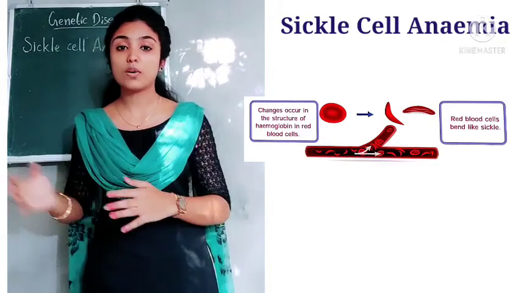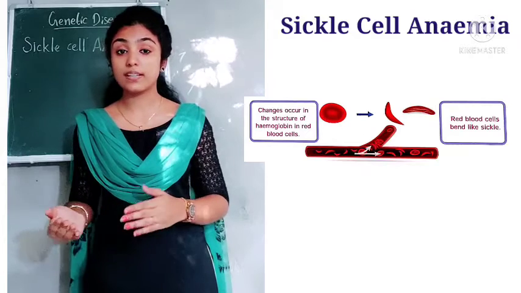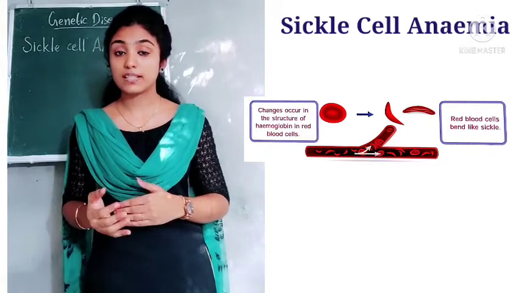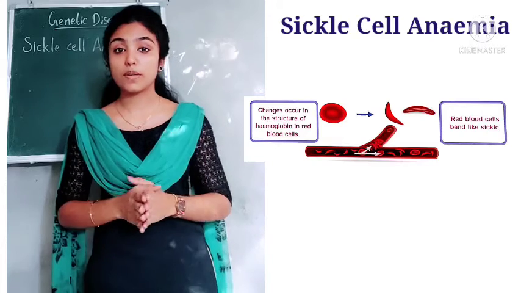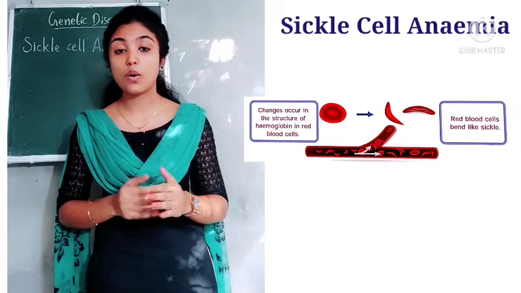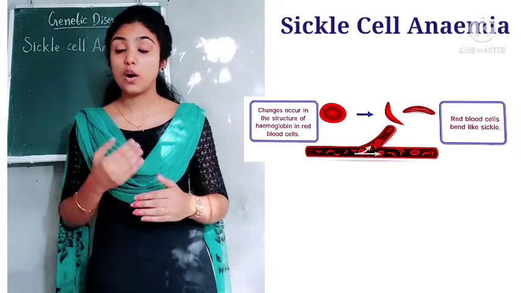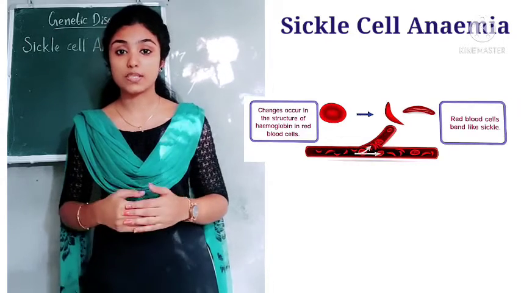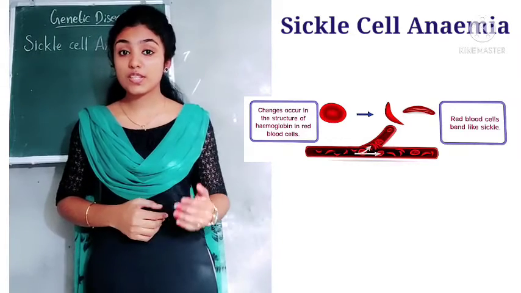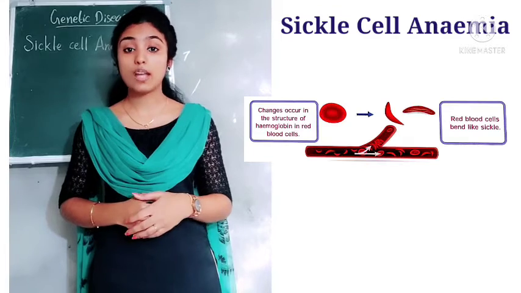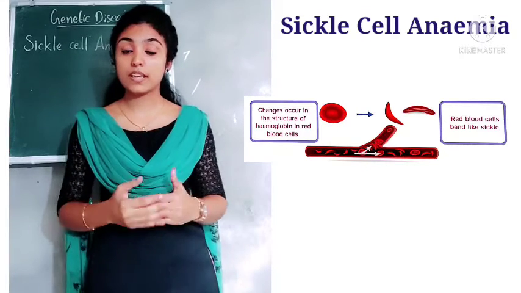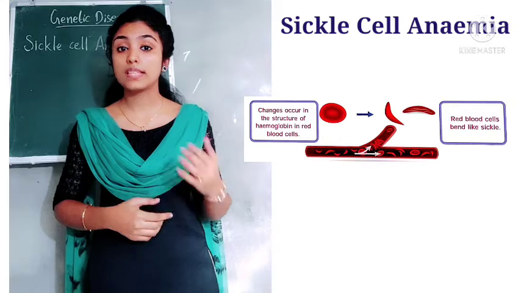This results in a deformity of the structure of hemoglobin, and as a result the hemoglobin will not be able to carry oxygen properly, or the oxygen carrying capacity of the red blood cells reduces. Because of the change in the structure of hemoglobin, the structure of red blood cells or RBC also changes into a sickle shape.